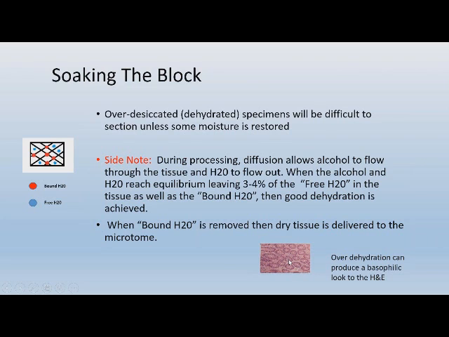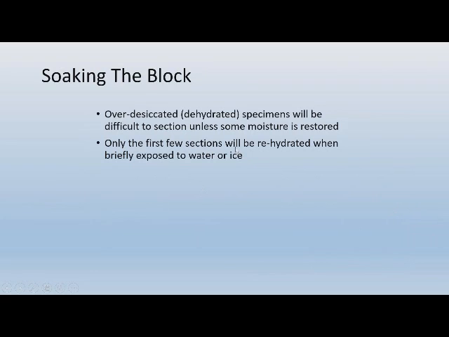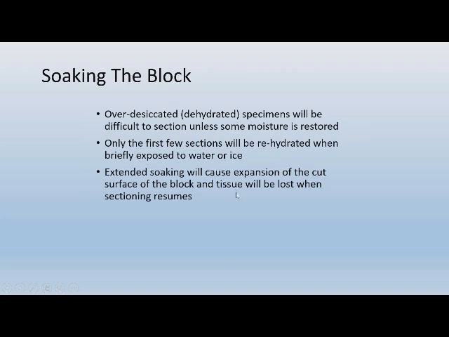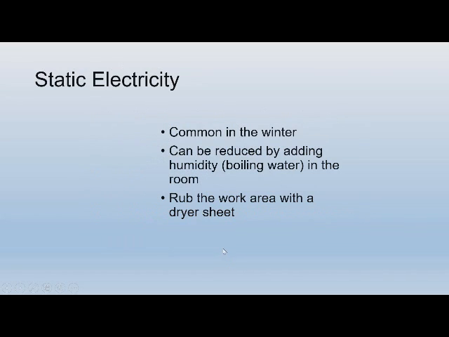It also produces a basophilic look to the H&E. So only the first few sections, just like we said, will rehydrate when briefly exposed to water or ice. Extended soaking can cause expansion of the cut surface, and you might lose more of the tissue than you want. Proper processing is the key. Get your stuff properly processed, your microtomy is going to be so much better.